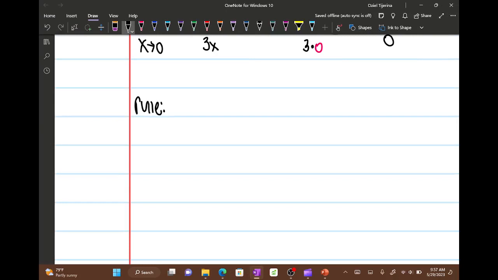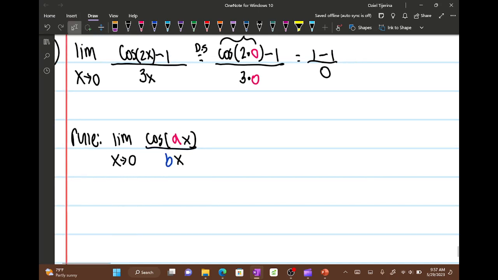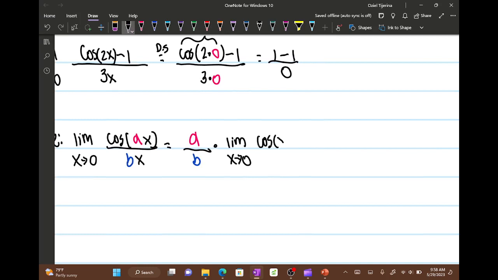So the rule is this: if I have the limit as x approaches 0 of cosine of ax minus 1 over bx, then this means I'm going to have a over b times the limit as x approaches 0 of cosine of x minus 1 over x.